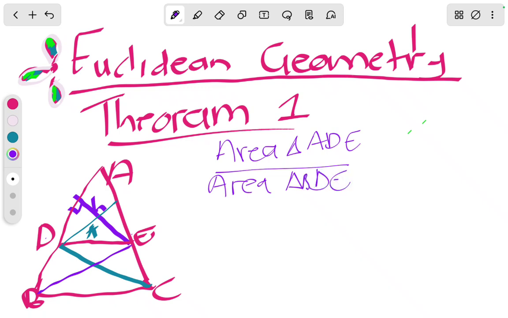So the area of the top triangle divided by the area of the bottom triangle, in correspondence to the height. If the height is purple, use the purple triangle. If the height is blue, use the blue triangle.